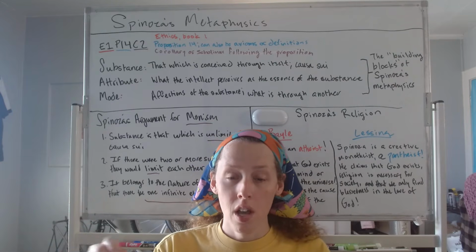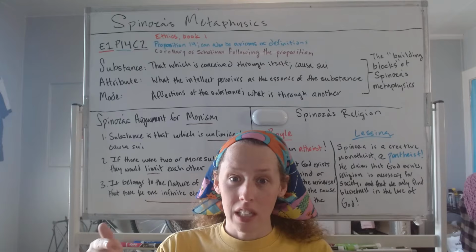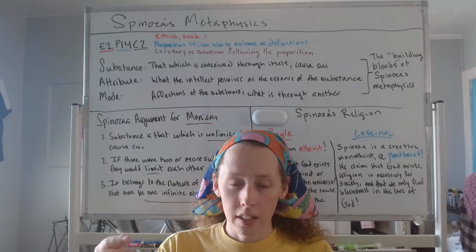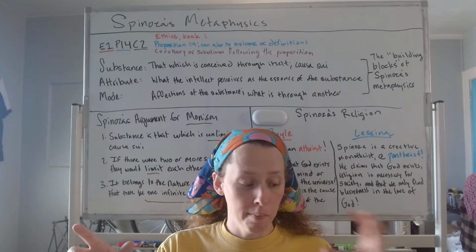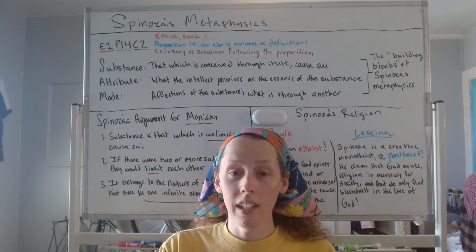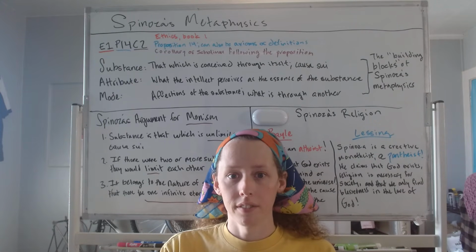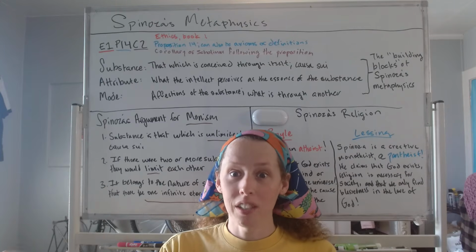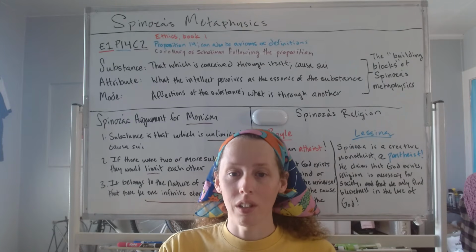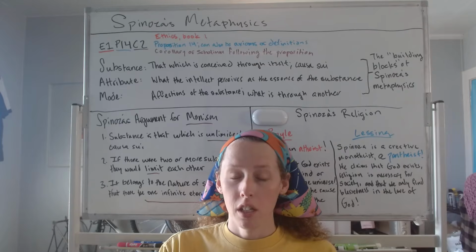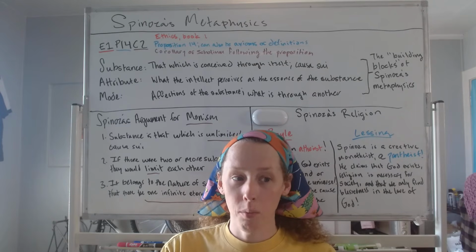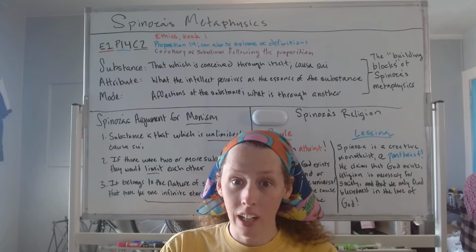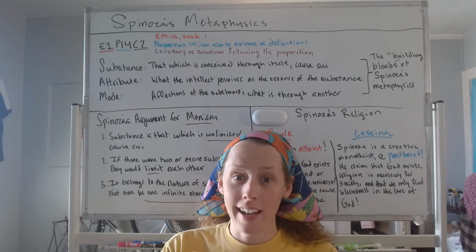So, for example, Spinoza accepts Descartes' idea that informs his dualism that ideas and bodies are totally different from one another, right? And the way that they have causal relations is totally different from one another.